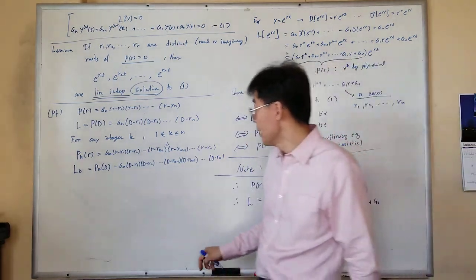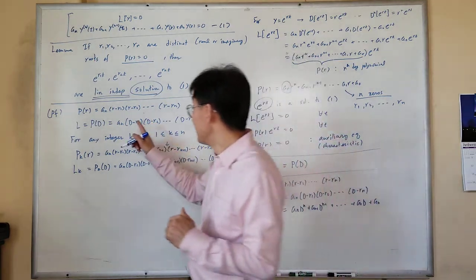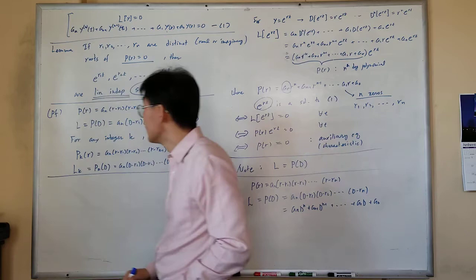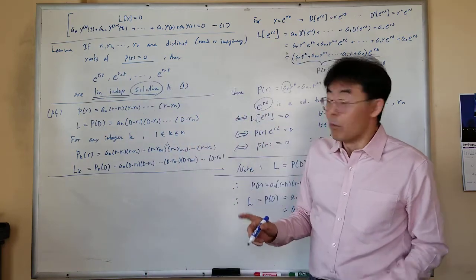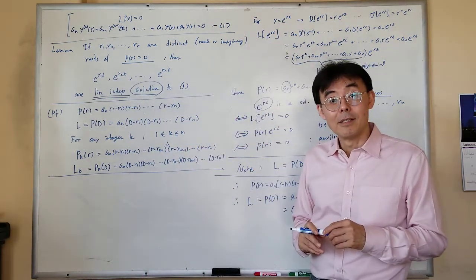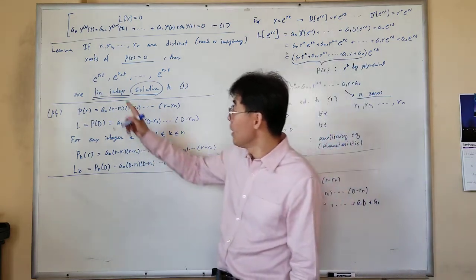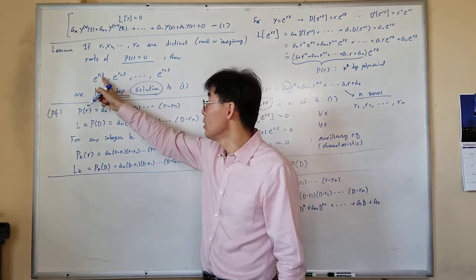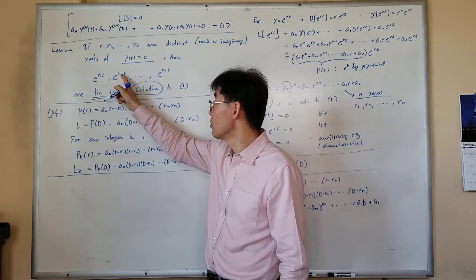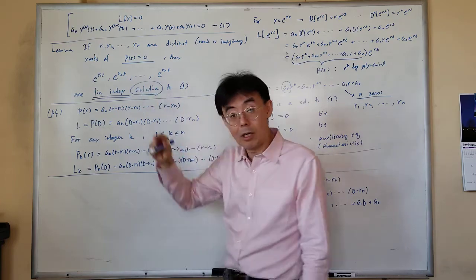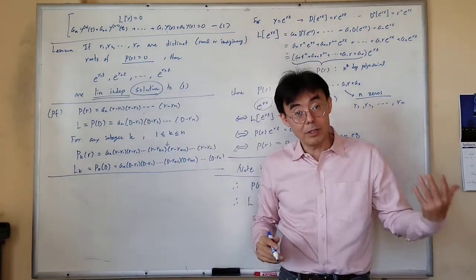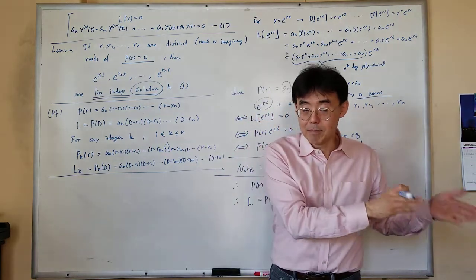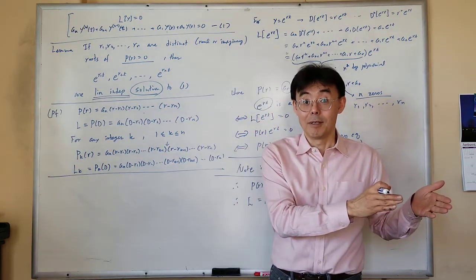So now we are ready to tackle linear independence. What was the definition of linear independence? If you have a magically disappearing linear combination, c1 e^(r1 t) plus c2 e^(r2 t), all the way to cn e^(rn t) equals 0 for all t, then all the coefficients c1, c2, c3, all the way to cn must be 0.